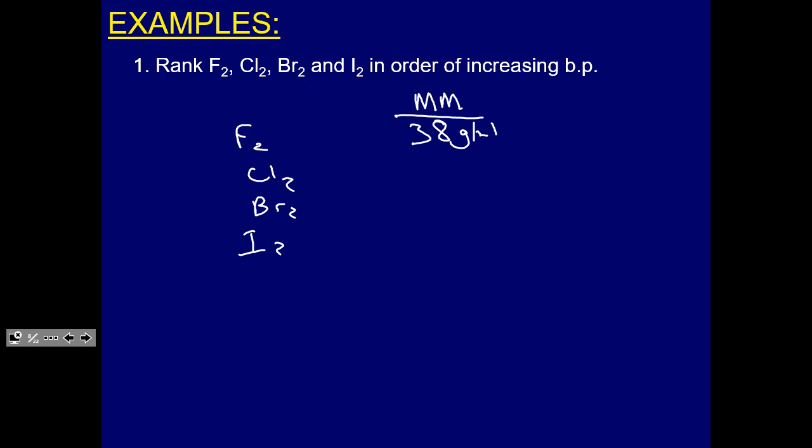You got numbers? 71. 71 grams per mole. You have a next one? What is it? 79, 80 times 2, 160? Yeah, 80 times 2, 160.